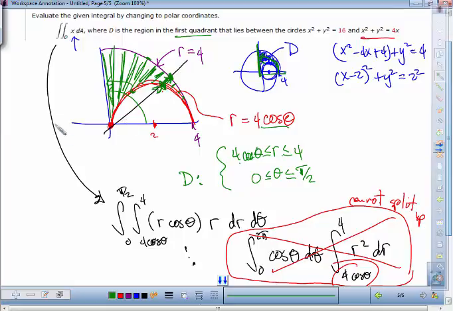Although it would be weird if this thing went any farther, because this r goes negative, the calculations for that would be a little bit more difficult. So I'm glad we didn't have to go past pi over 2.